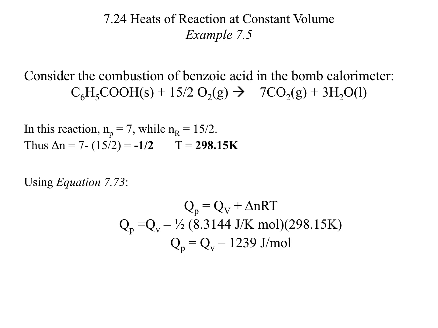So QP is the heat of reaction under constant pressure conditions, and QV is the heat of reaction under constant volume conditions. So this relationship between QP and QV can now be translated by substituting the numbers into it, delta N, R, and T. So QP equals QV minus 1,239 joules per mole.